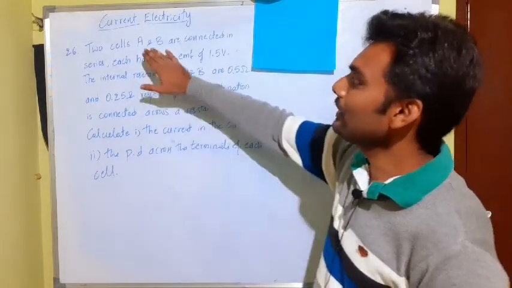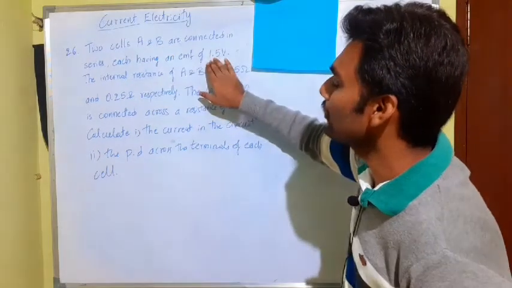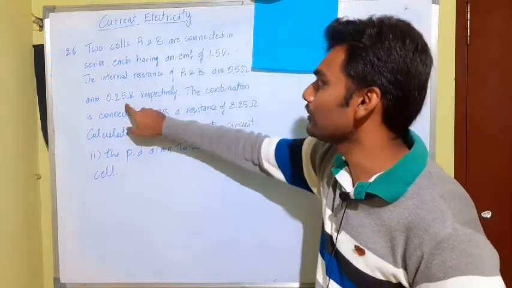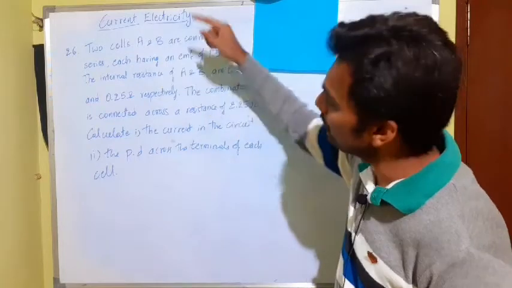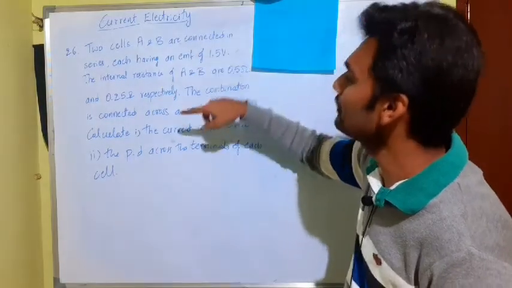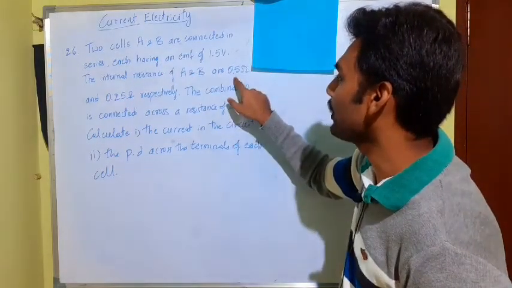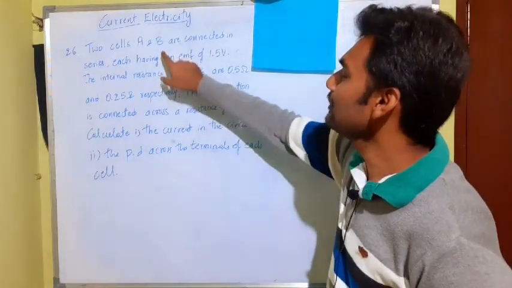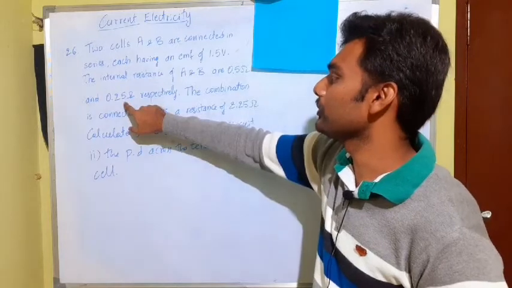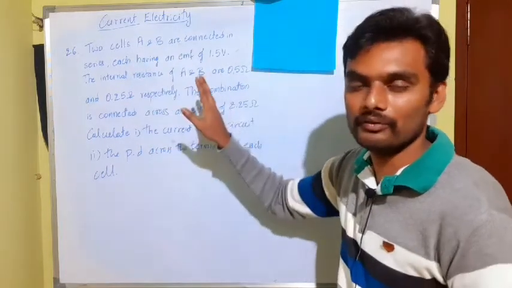So which means A has the EMF of 1.5 volt and internal resistance of 0.5 ohm, but B has the internal resistance of 0.25 ohm. Both have the EMF of 1.5 volt. Clear?